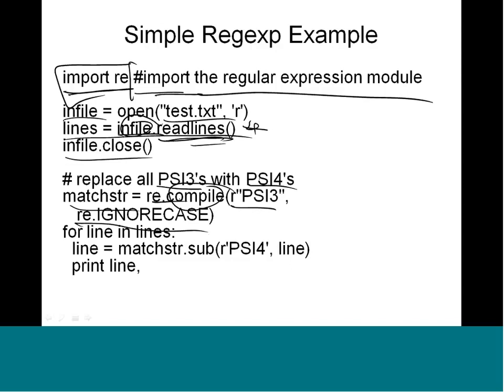So it ignores the case and compiles this. Then for the lines that we read here, we use the match string, and we say sub, r PSI4, and then the line, and we print those lines.